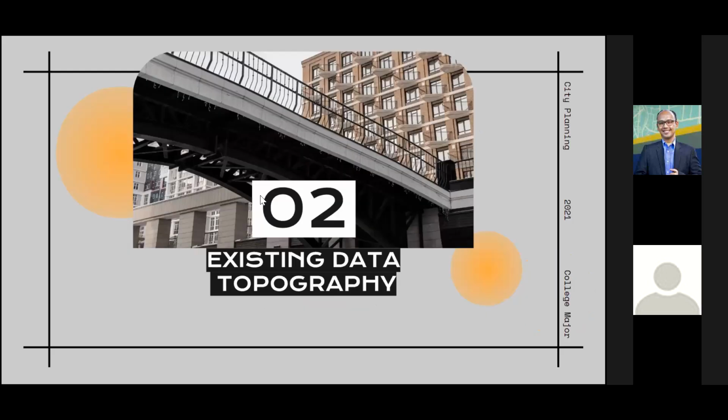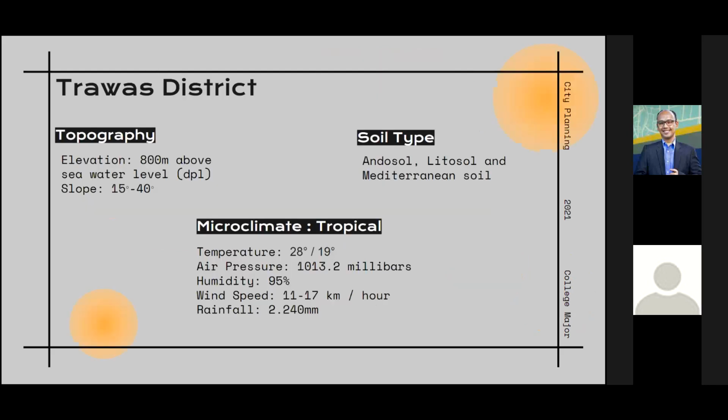And for the existing data on topography, I'll continue. So this is the topography, microclimate, and soil type data for Trawas district.